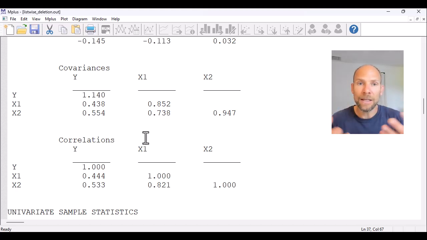Say missingness is completely unrelated to our data, that it's completely random. Missing completely at random means it has nothing to do with Y, X1, or X2, that people dropped out or didn't respond or something like that. And that's a very restrictive assumption. If this assumption is not met, then there may be bias in our estimation of the regression coefficients or other parameters, and so this is something that we have to remember.